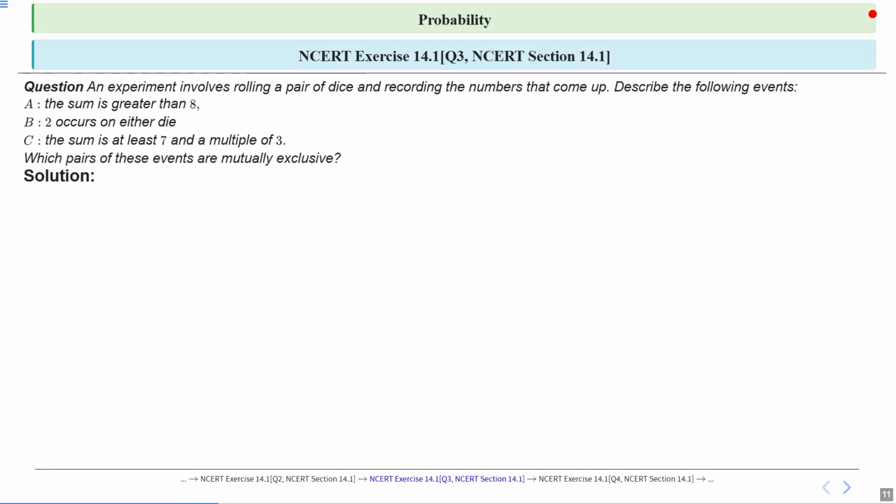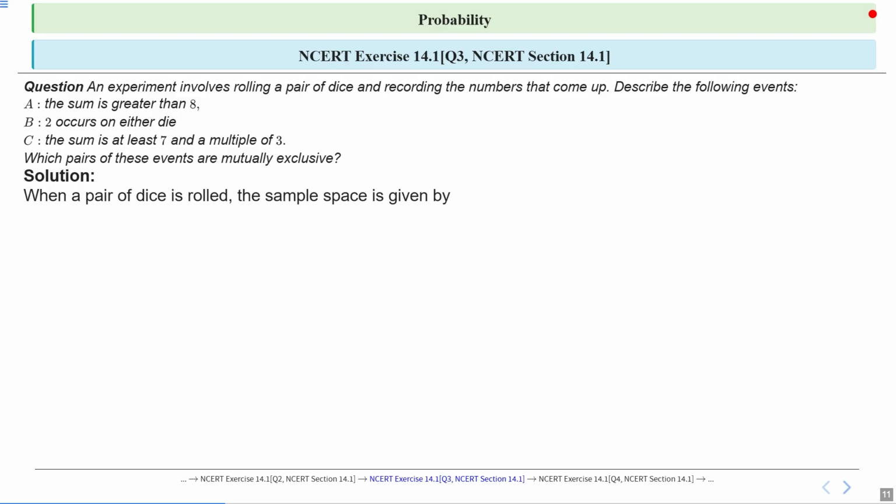So we have been given three events, and we have to describe the following events and check which pairs of these events are mutually exclusive. So when a pair of dice is rolled, what is the sample space?